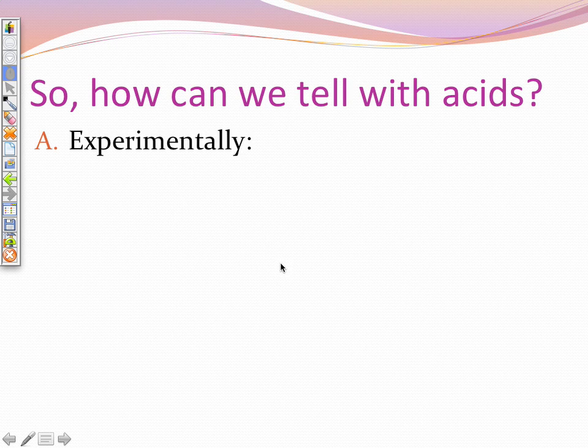Continuing on with acids, experimentally, we can tell if we don't know, let's say we have two unknown beakers that only the teacher knows, and you're asked to identify which of the two solutions is a stronger acid, and you're told that yes, the concentrations are the same, so you're only looking at how much it dissociates. You could do it in a couple of ways.